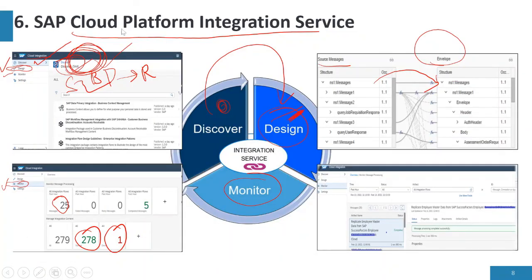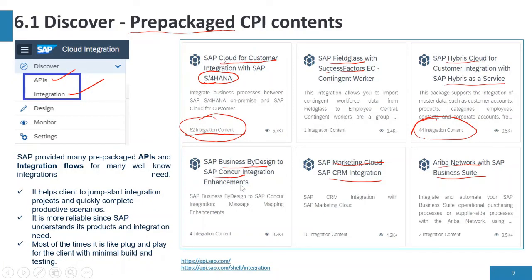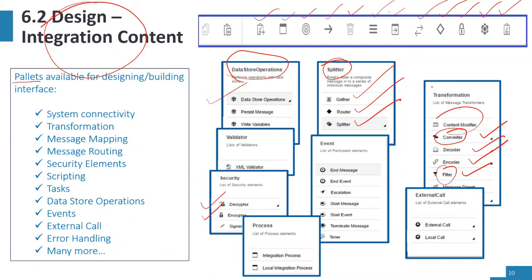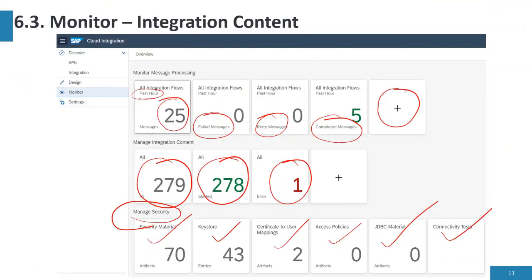And when we finally look at Cloud Platform Integration, we understand it has discover, design, and monitor, and how it is going to help us with reading prepackaged content, configuring prepackaged content, or building custom integrations, and also using monitor to monitor all the deployed integrations and all the integrations running in runtime.